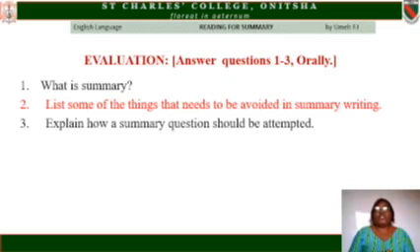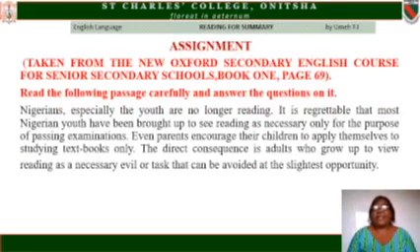Once you finish this, you now move into the assignments. So I have an assignment for you. This assignment is taken from the New Oxford Secondary English Course for Senior Secondary Schools, Book 1, page 69. So in case you have your text at home, you simply go to that page and read and answer the questions. The instruction says, read the following passage carefully and answer the questions on it.